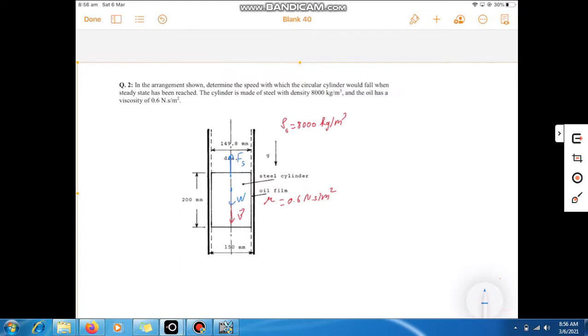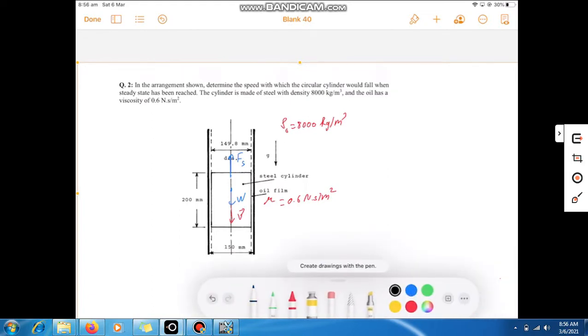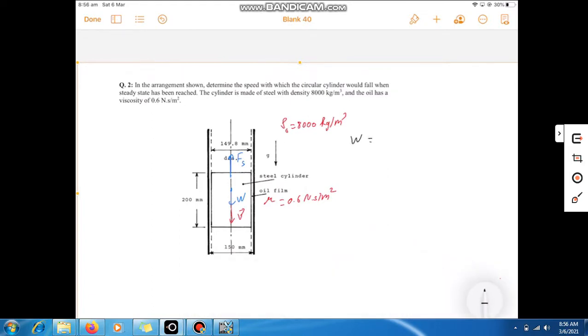So we will have the weight equal to the shear force.